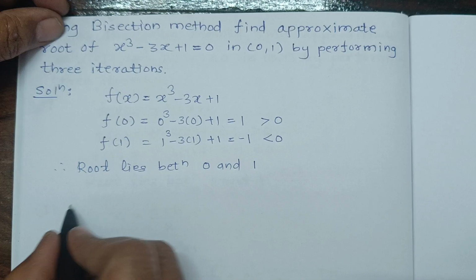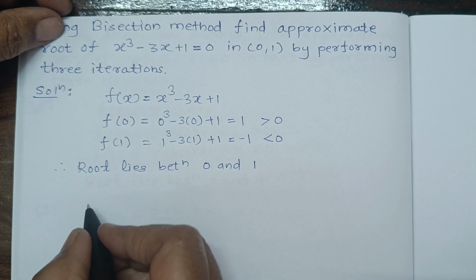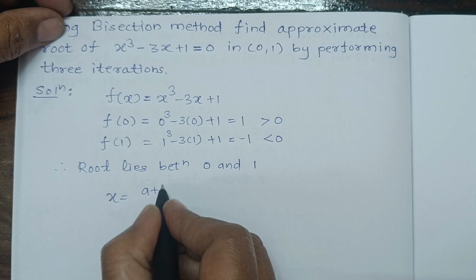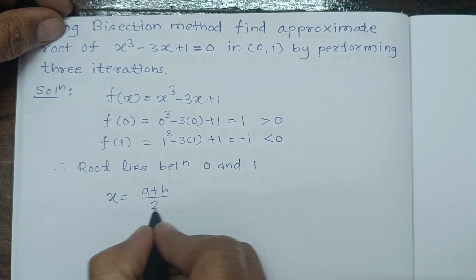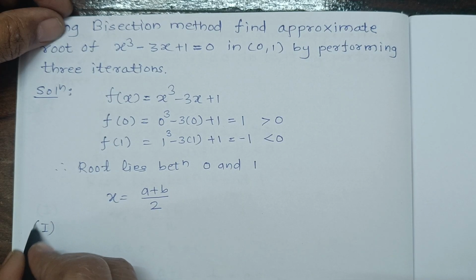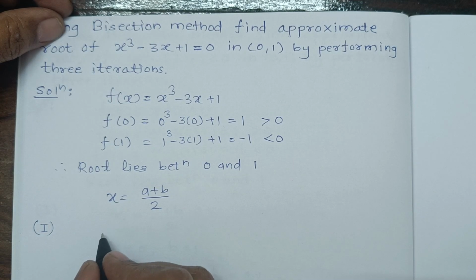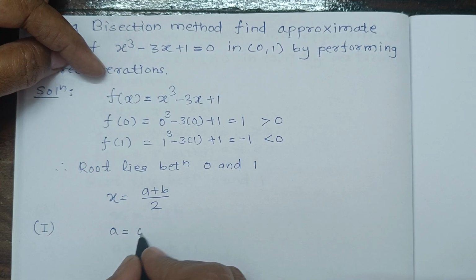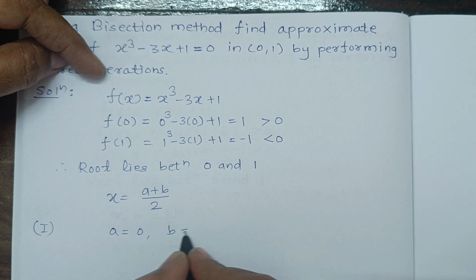Now, in bisection method, formula is x is equal to (a plus b) divided by 2. Now first iteration, here a is 0 and b is 1.